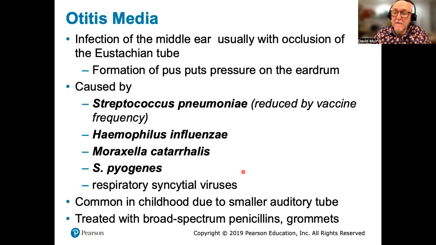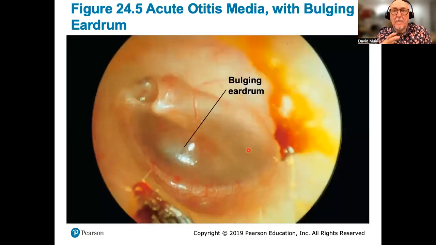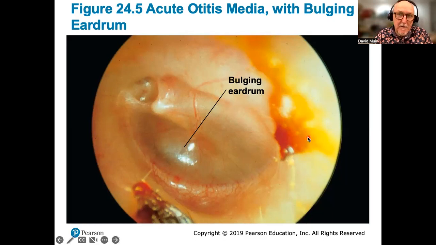And the impact of this is that those of you who go into nursing or medicine will commonly see this picture. When you look into the ear of a child screaming with intense earache, you see this.